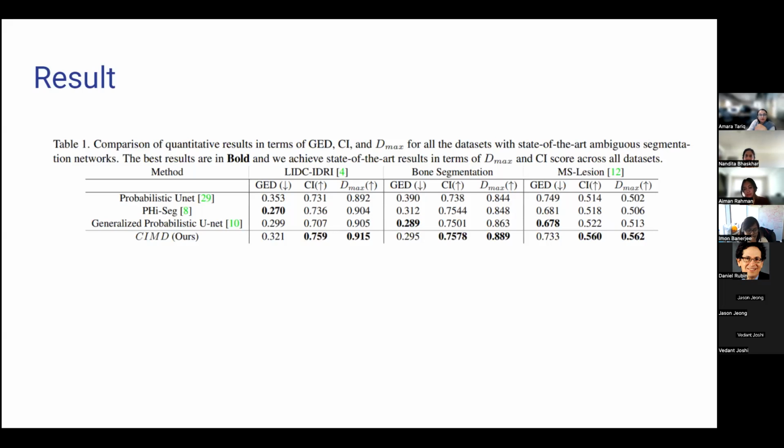Up to 16 the numbers were improving, and beyond 16 they're kind of static, because after that all of the segmentation masks are the same or similar at some point. We did the same for all the other baselines, with 16 masks per image.